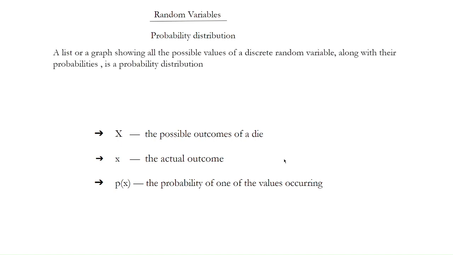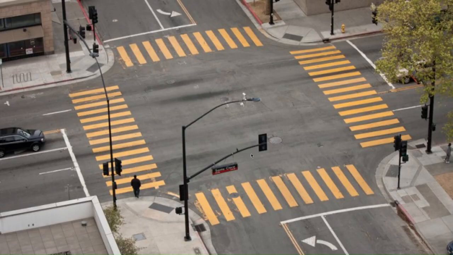So what is a probability distribution? A probability distribution is a list or a graph showing all the possible values of a discrete random variable along with their probabilities. Let's take this picture as an example. We are going to be counting the number of cars passing through this junction every minute, and then make a table out of the data we've collected.